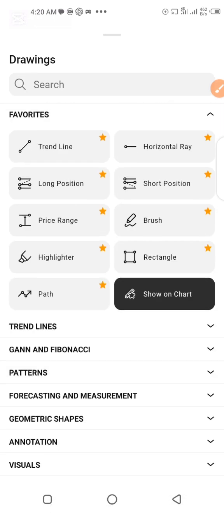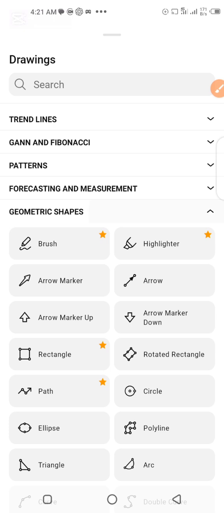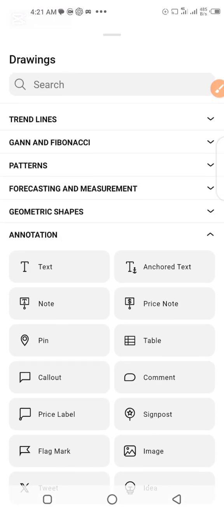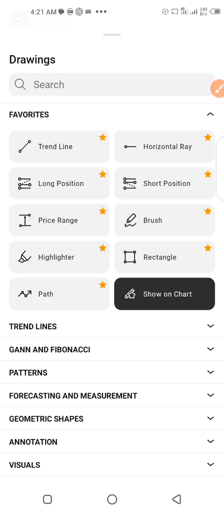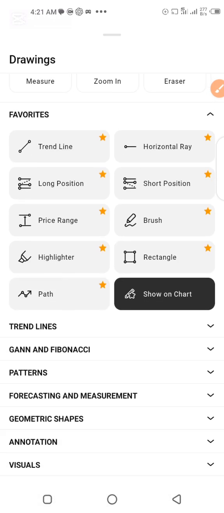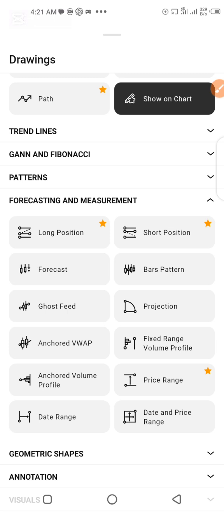Just come over here and search, I think you will see them. So this is the forecasting and measurement section.